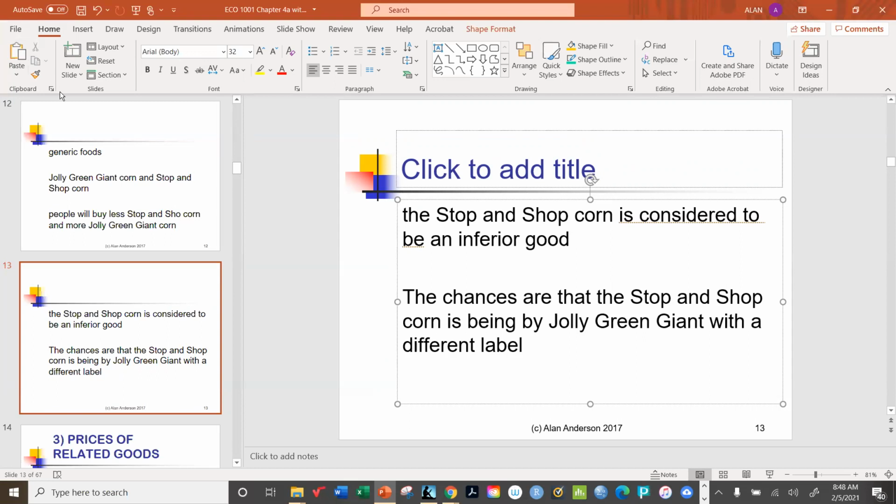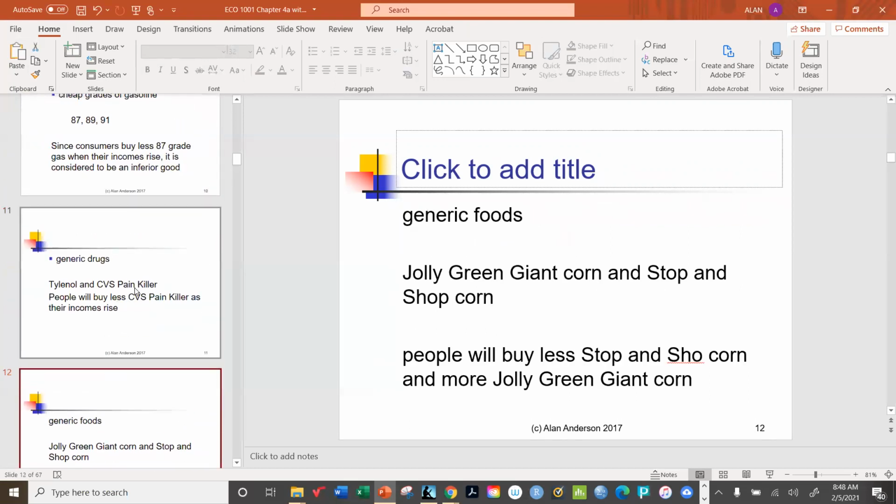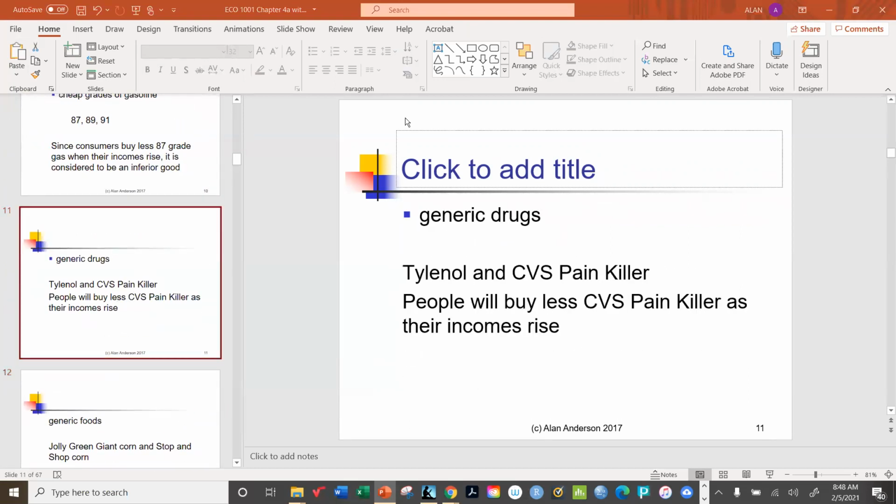And it's the same thing, by the way, with the CVS and the Tylenol over here. Chances are pretty good that this CVS painkiller was actually made by Tylenol. And it's just that you don't realize it because you're seeing it in two different boxes. I'm not sure if it's possible to actually find this out. You can maybe go to the internet and do some research, but if it's not being made by Tylenol, it's being made by one of the other major drug companies.